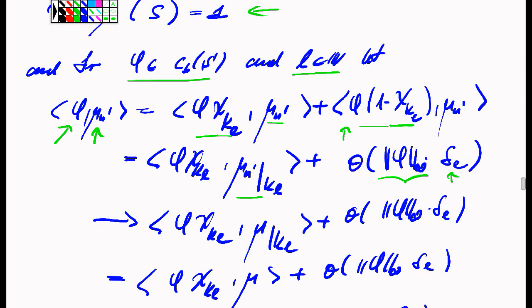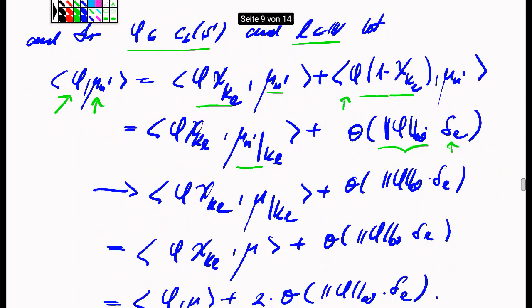So which means this thing here is no bigger than the indicator function of the complement of the compact set KL times the supremum norm of phi.